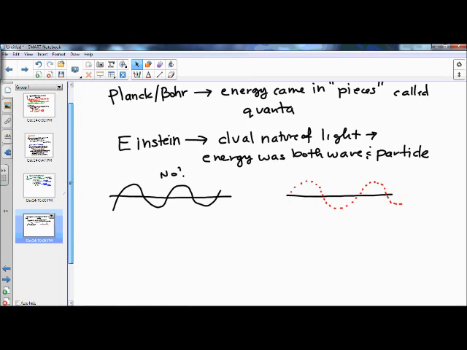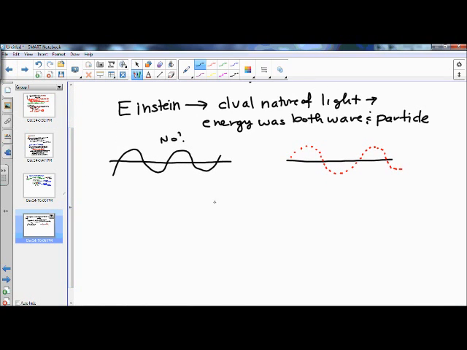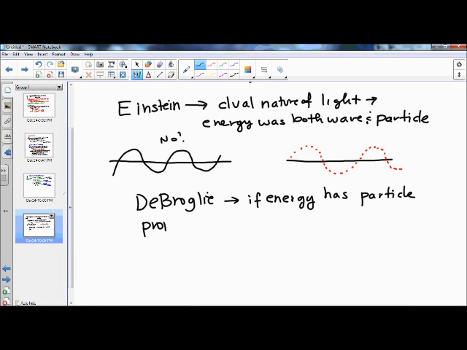Again, lots of names, interesting people. A man named Louis de Broglie said, if energy has particle properties, then particles can have energy properties.